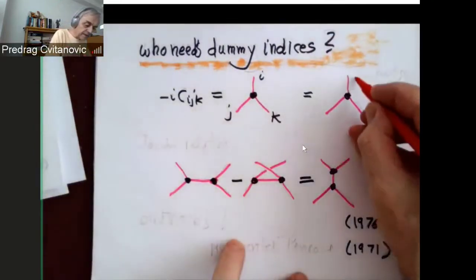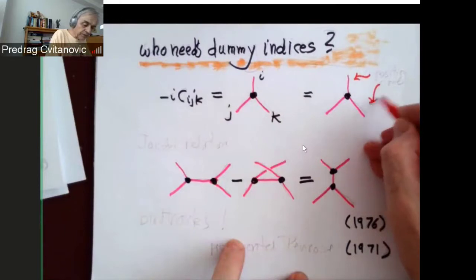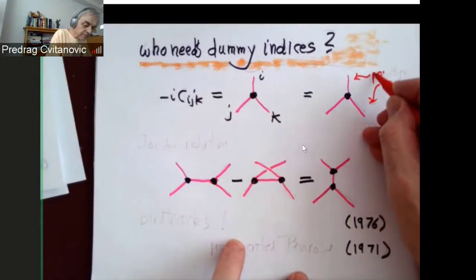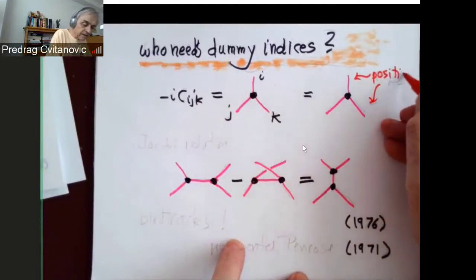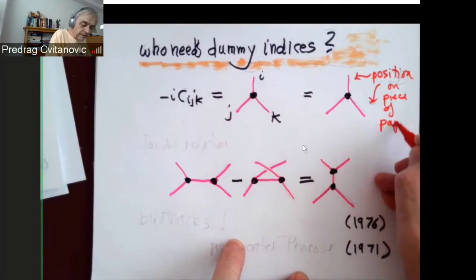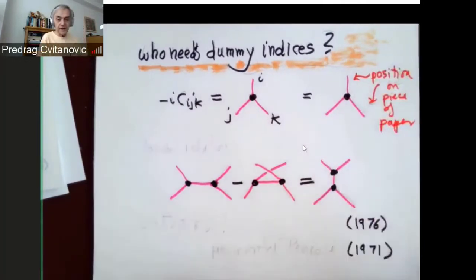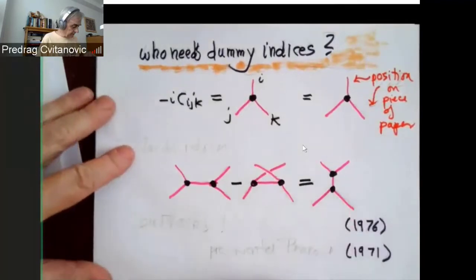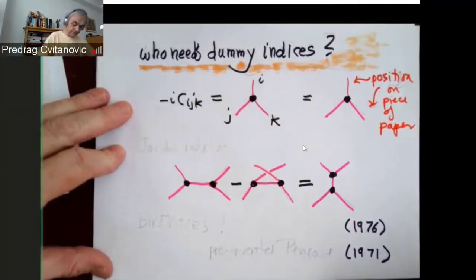The only thing that matters is position on a piece of paper. I can draw this picture and you can stick any letters you want to it, including Hebrew if that's what you must do.